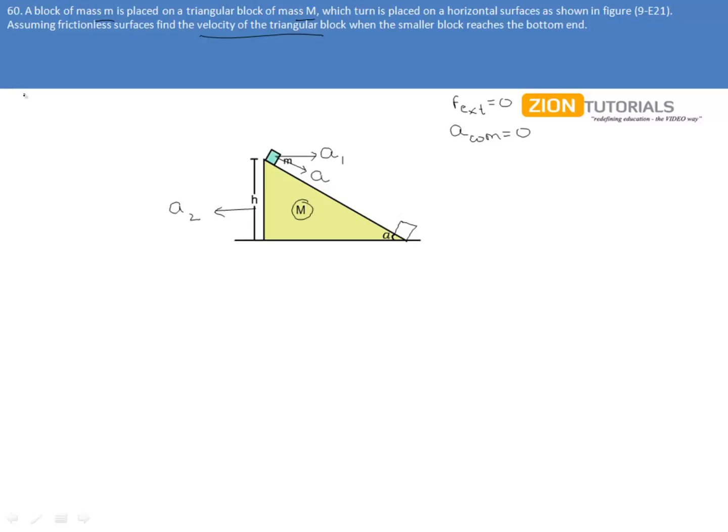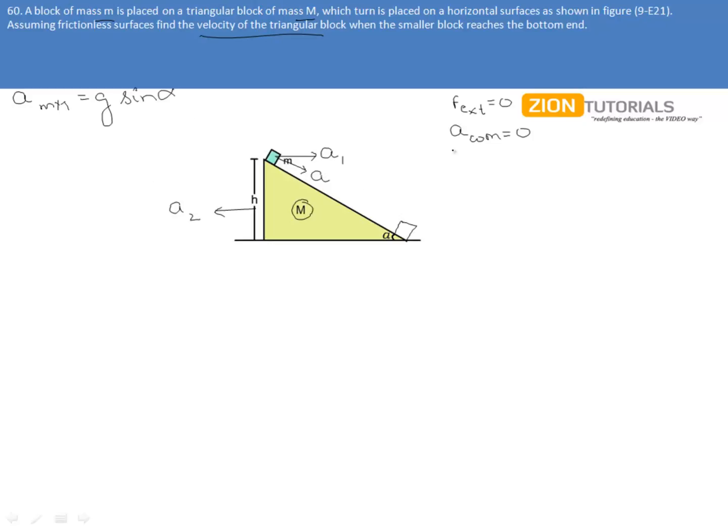Now I can say that the acceleration along the wedge of small m with respect to capital M is g sine alpha, as it always is. It's coming down the wedge, so it's going to be g sine alpha with respect to that wedge.